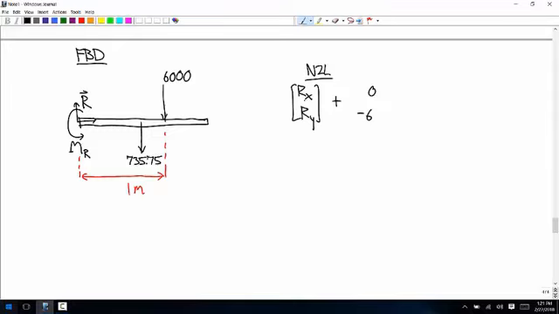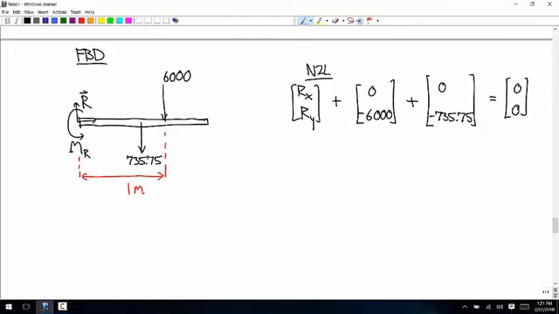Okay, so Newton's second law: R, and then the force from the distributed load, and then the force from the weight, which, by the way, is also a distributed load. We just all along have been treating that like a point force, so we don't have to recalculate it. So that's 0, negative 735.75, and those all add up to 0. So the R vector is equal to positive 6,735.75. Well, the Y component.